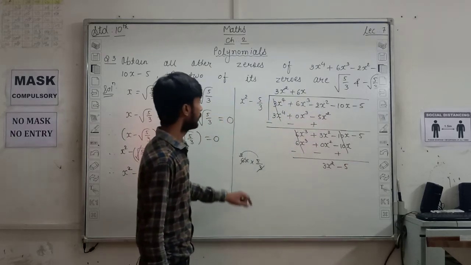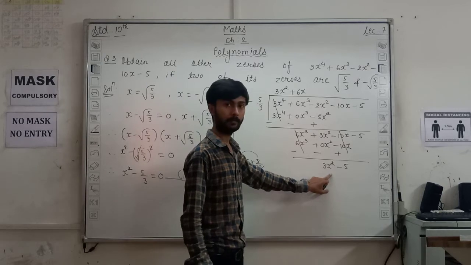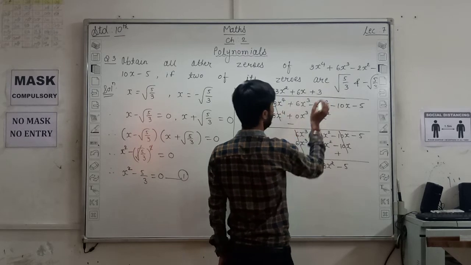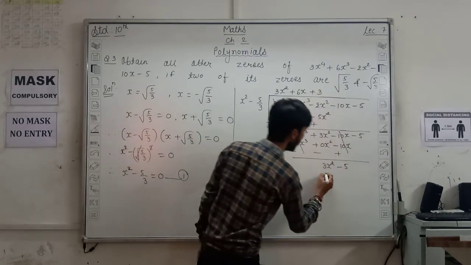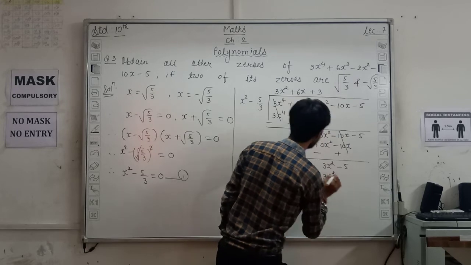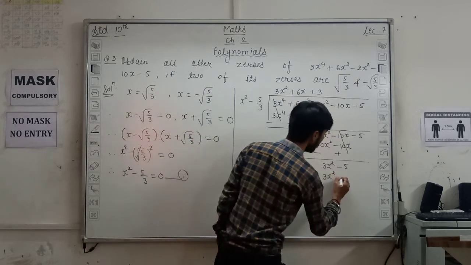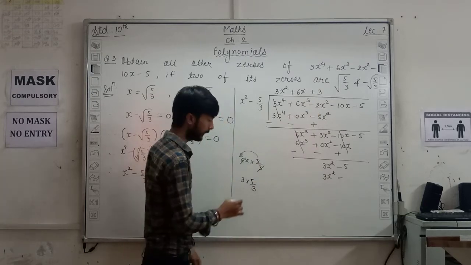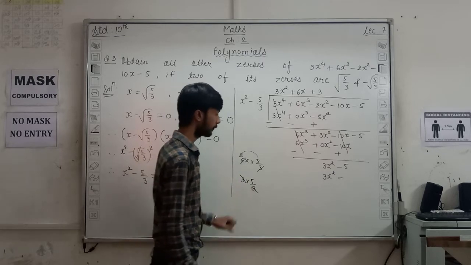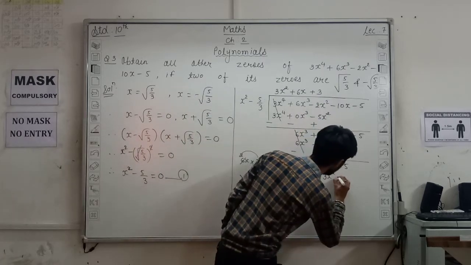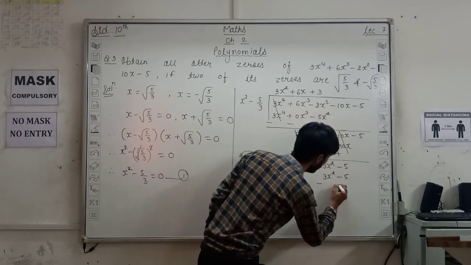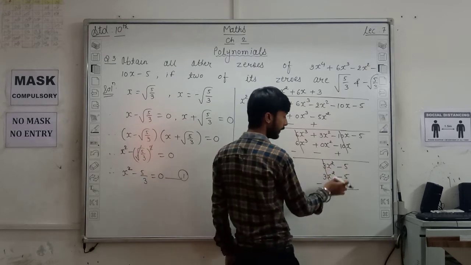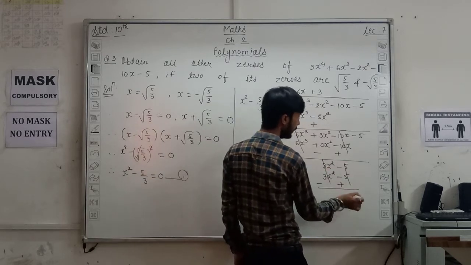Okay, now x square multiplied by 3, so 3 into x square is 3x square, and minus 3 into 5 by 3, the 3 cancels, so only 5 remains. So 3x square minus 5, change the sign, minus plus. 3x square cancels, minus 5 plus 5 cancels, so the remainder is 0.